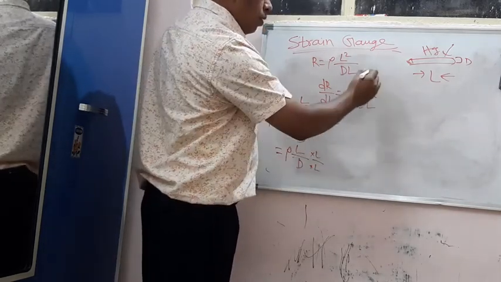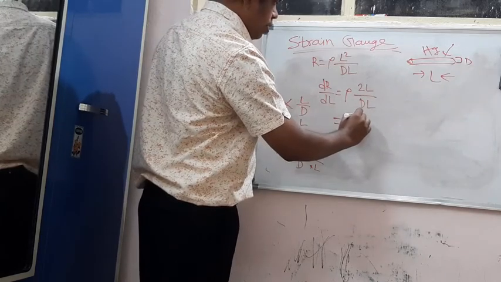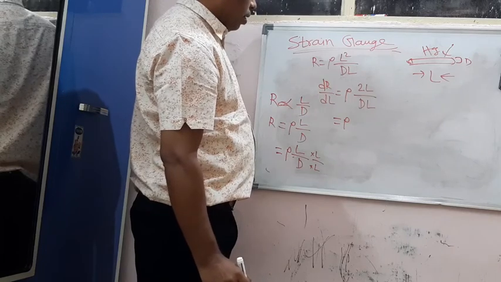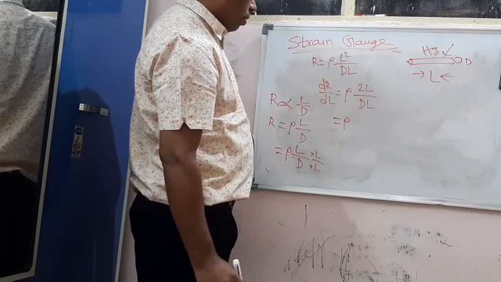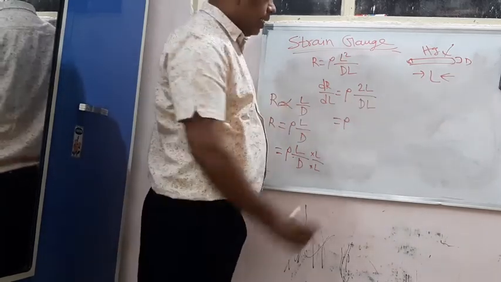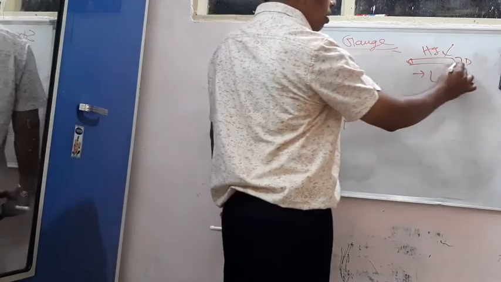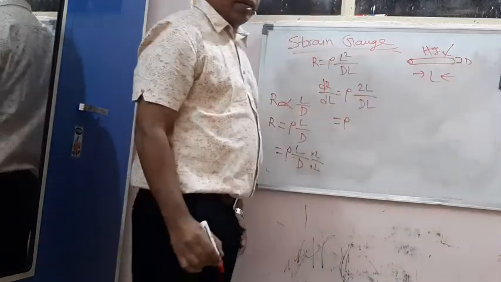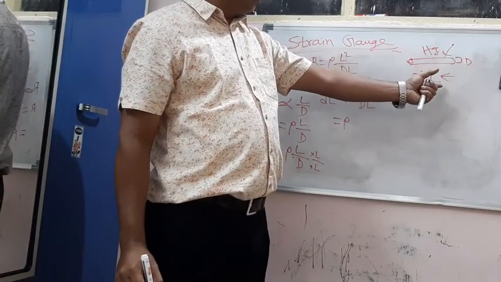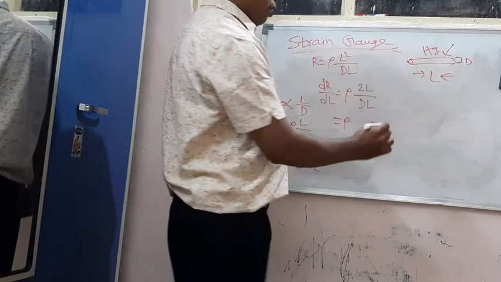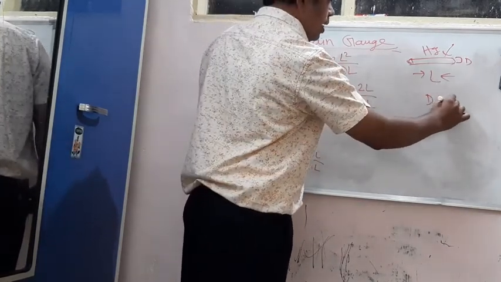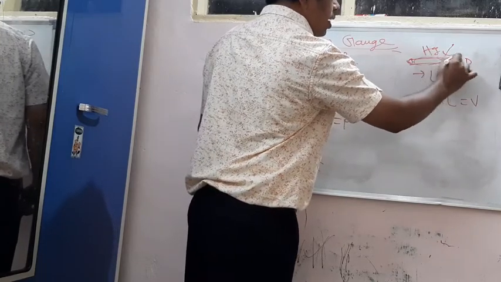Again I am going to multiply, and here dL is nothing but, density. D into L, thickness and length, will give volume. Okay, it is a volume. D into L is the volume of this container.